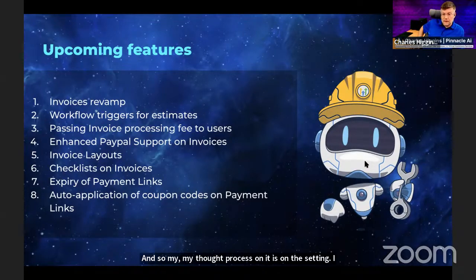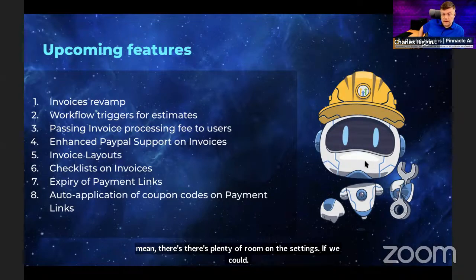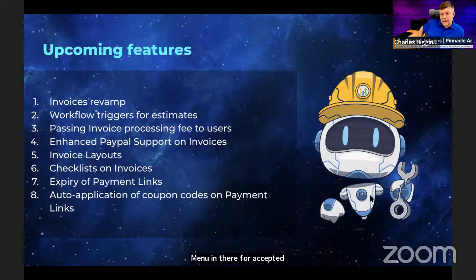If we could put a menu in there for accepted payments, or however you want to word it, and then break it out by category, because I may want to only take ACH on invoices, but I don't want it to be global across, or I may only want to offer financing on certain payment forms or factors, whether it's order forms, whether it's a payment in the form builder. If we could break out each section within the settings.